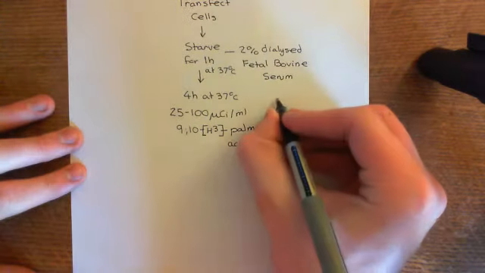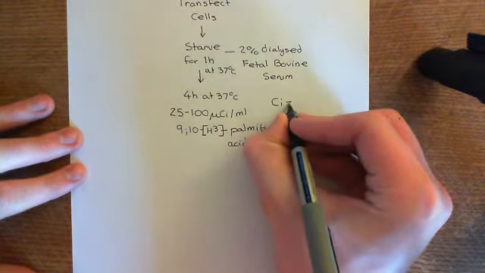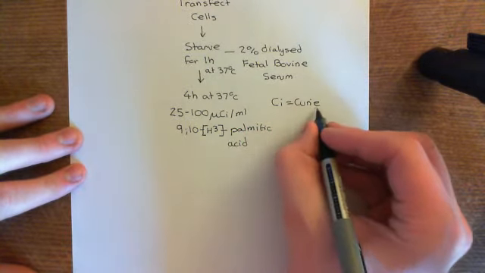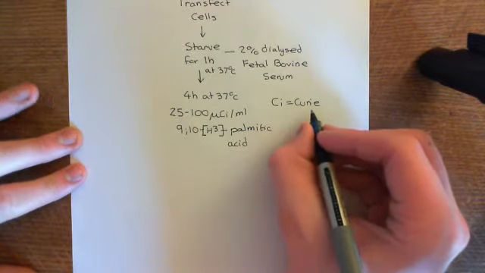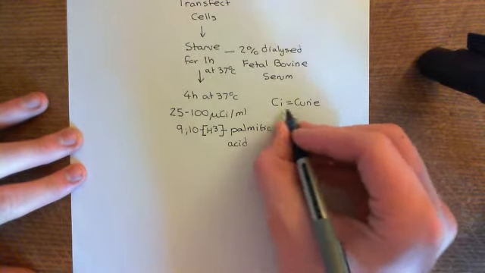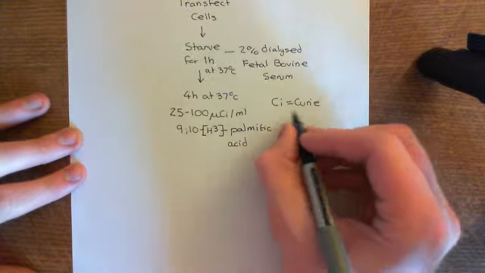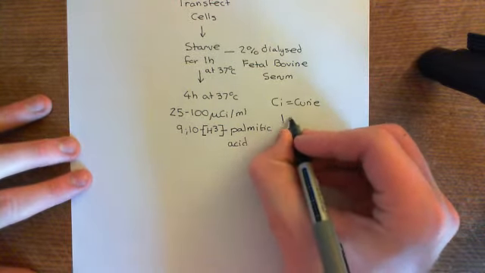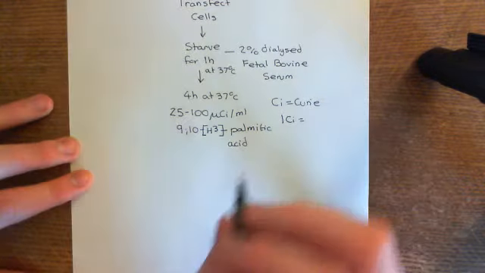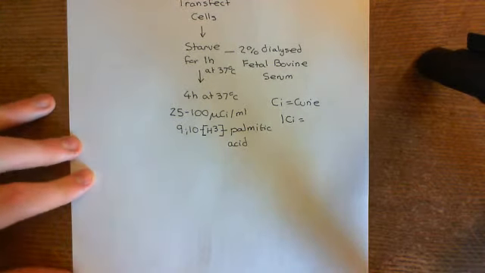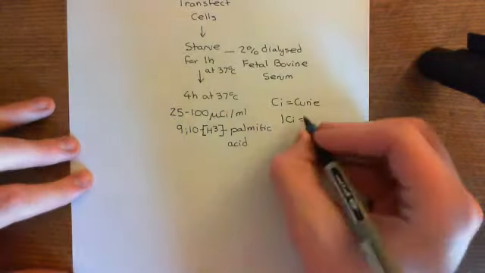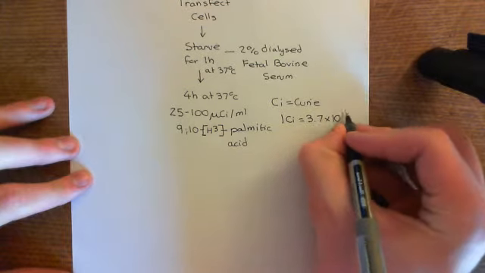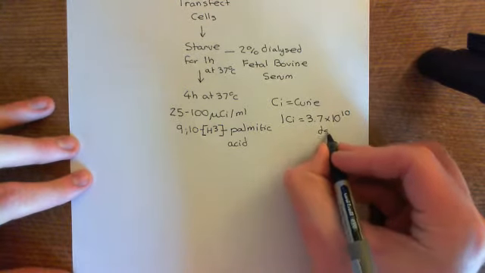So basically, curies, which is abbreviated to Ci and is named after the 2 Curies, Marie Curie and her husband, who did a lot of work with radioactive substances. 1 curie is equal to a certain number of disintegrations per second, and that number is 3.7 times 10 to the power of 10 disintegrations per second.